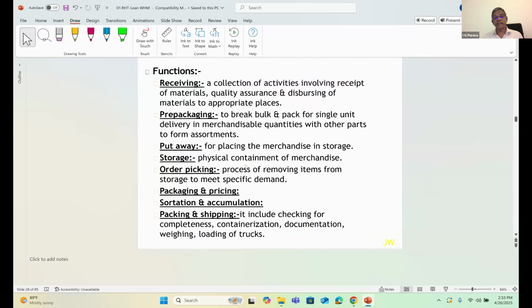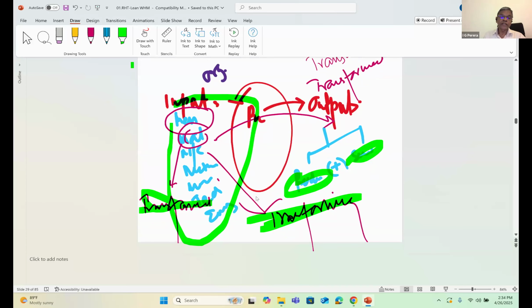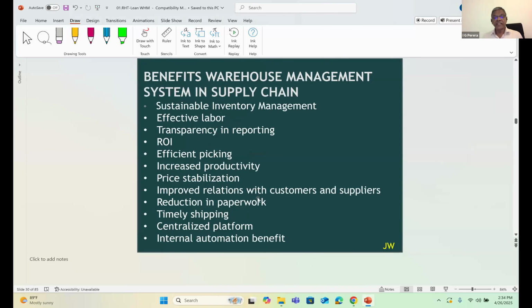Okay, so in this particular situation, how do you analyze the situation when it comes to lean and just in time? So you can see what is lean then.